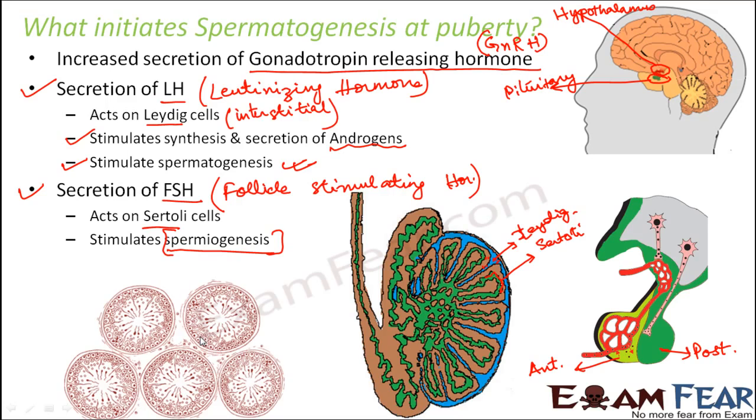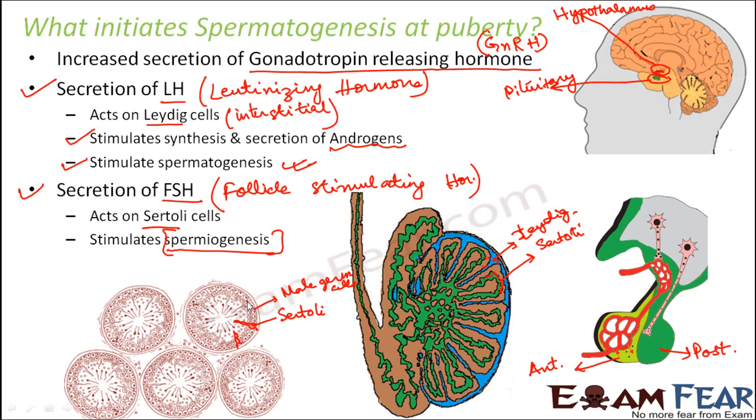One is the Sertoli cells, which are the somewhat longer cells you see here, and the other is the male germ cells, or spermatogonia, whatever you call them.